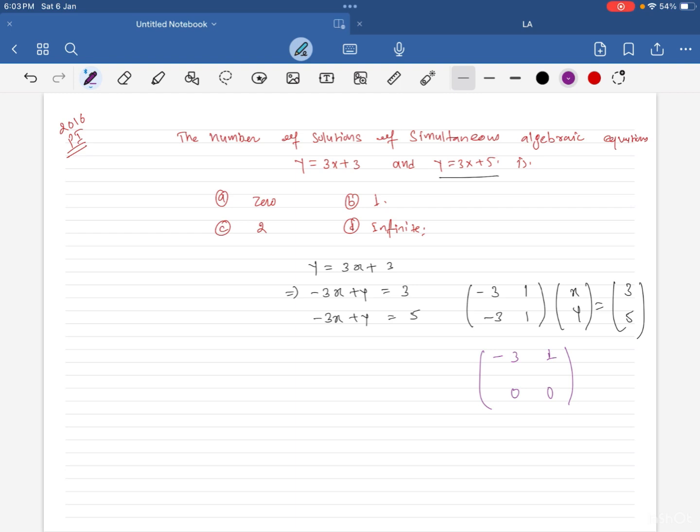And here we will have 3, and here we are going to have 5 minus 3, that is 2. So you see that the left hand side is 0 and the right hand side is 2. So 0 is equal to 2. No, it can't be possible. So this system has no solution. So 0 is the correct answer.